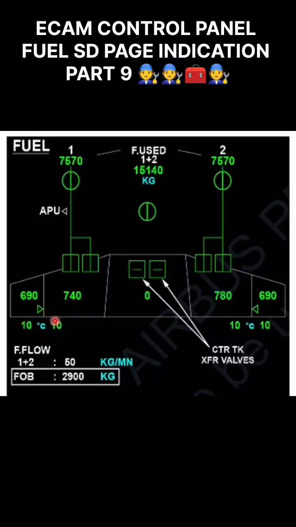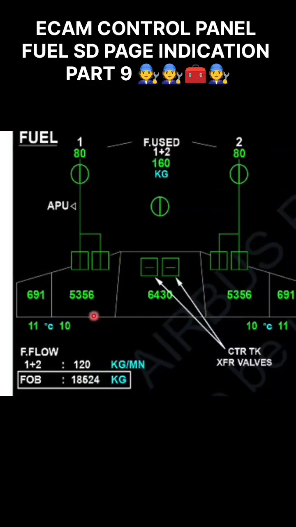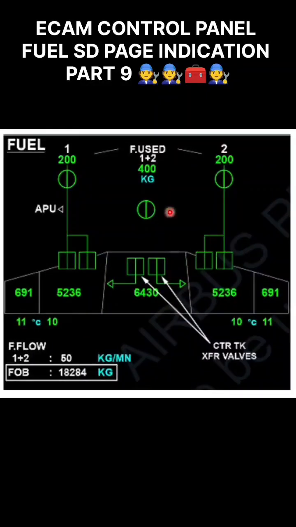Sometimes the valve position information is not available, with no display when valves are closed. So sometimes there is a cross mark anywhere here. If the number 1 engine fuel used quantity 1+2 or fuel flow quantity 1+2 shows a cross, it means just the position information is not available.